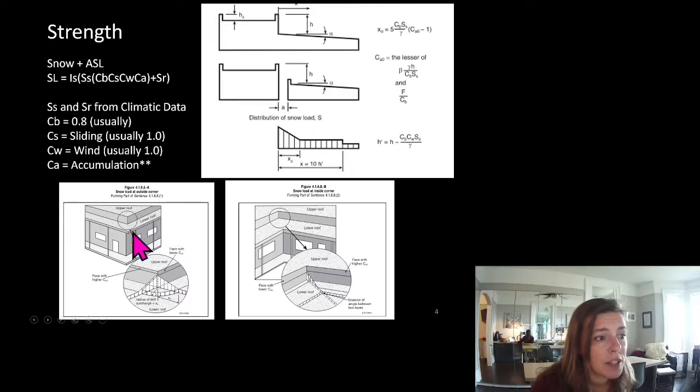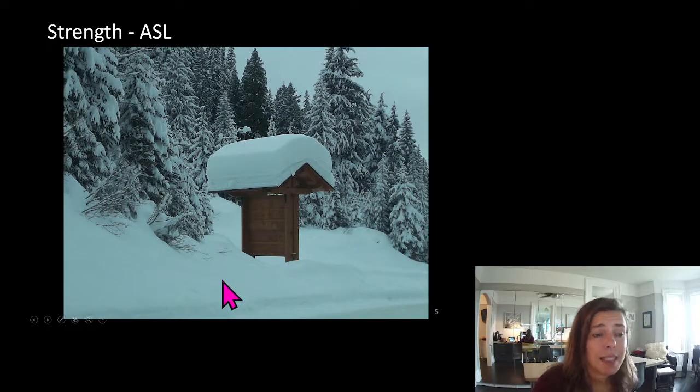You can imagine if this is a canopy, you can see what the intent is: we're trying to figure out what this massive amount of snow is right up against our existing building. And if anyone doubts that you can have accumulated snow loads, here's just a basic little roof without any accumulated snow loads. You can imagine if there was a building right here, all of that could fill in.